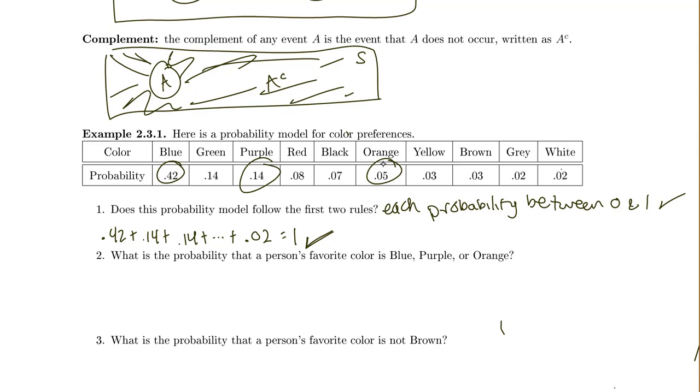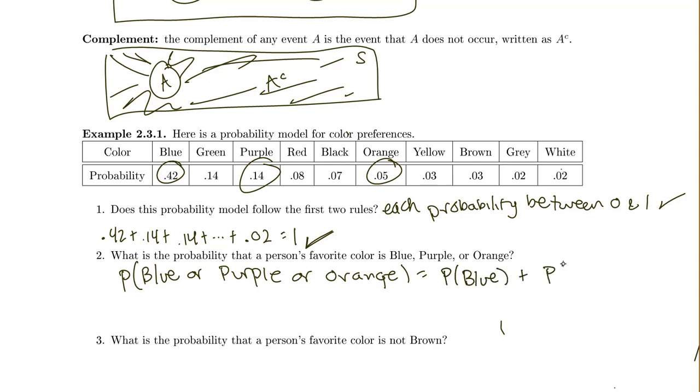So I can just add up the probabilities. The probability of blue or purple or orange is equal to the probability of blue plus the probability of purple plus the probability of orange.